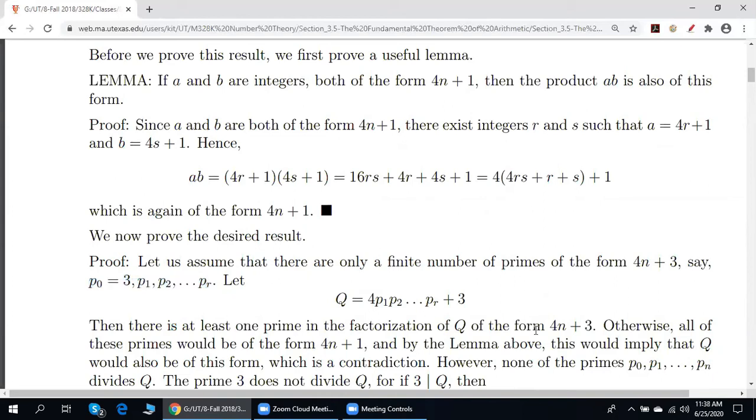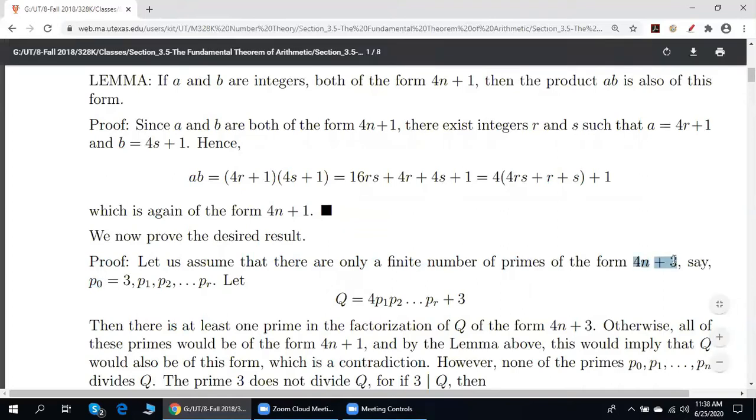Let us denote the first prime number, which can be written as 4n plus 3 by p0. The first prime number of this form is, of course, 3. So p0 is 3, and then we have p1, p2, and so on, pr. All these numbers are prime numbers of the form 4n plus 3.